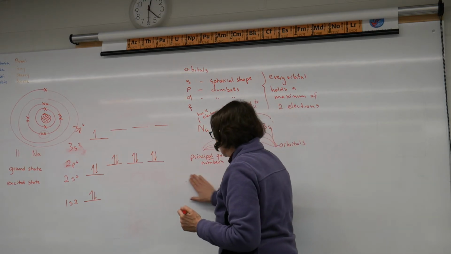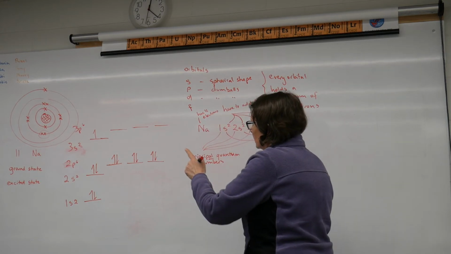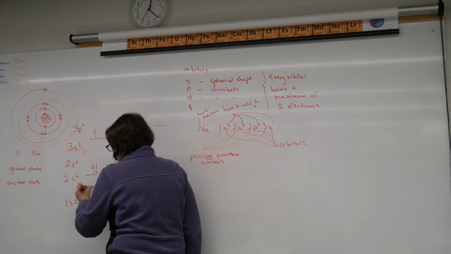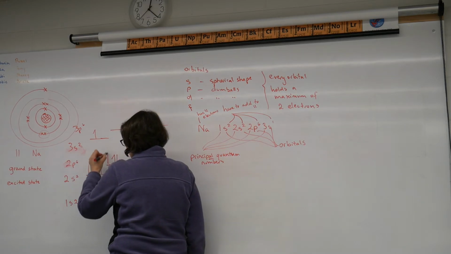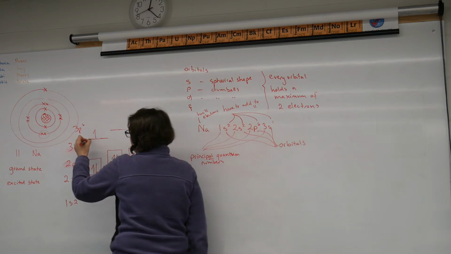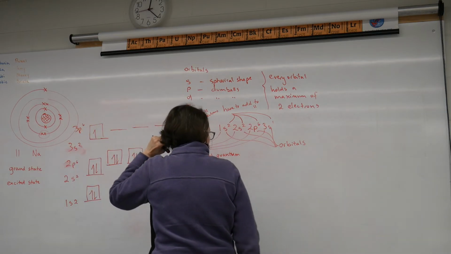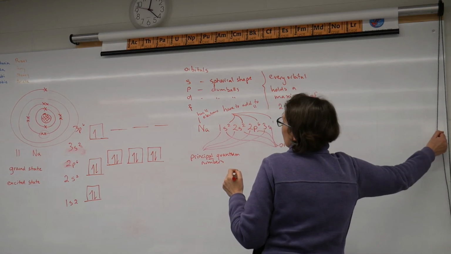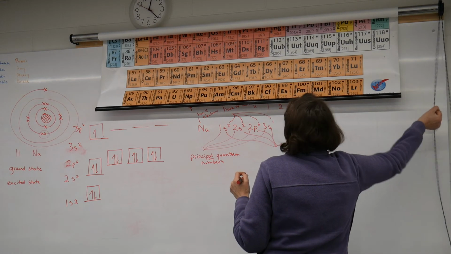It's the most important. Now you might also see this sometimes arranged as boxes as well. I've just made them as lines, but they can also be boxes like that. The next thing I want to talk to you about, let's have a look at a different element.